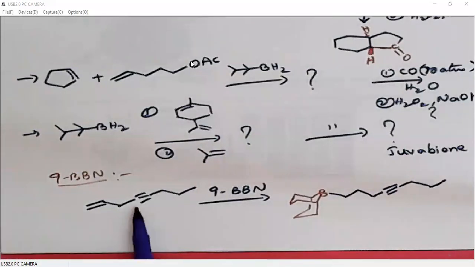So it is not the triple bond or double bond, it is the terminal functional group which will react with 9-BBN rather than the internal functional group. Because 9-BBN is so crowded, it is not possible for it to approach an internal functional group. Internal functional group means it is already sterically crowded, whereas the terminal functional group is less sterically crowded.